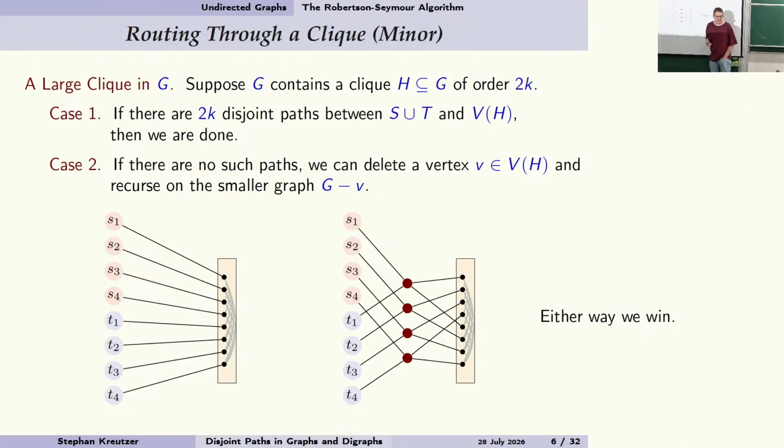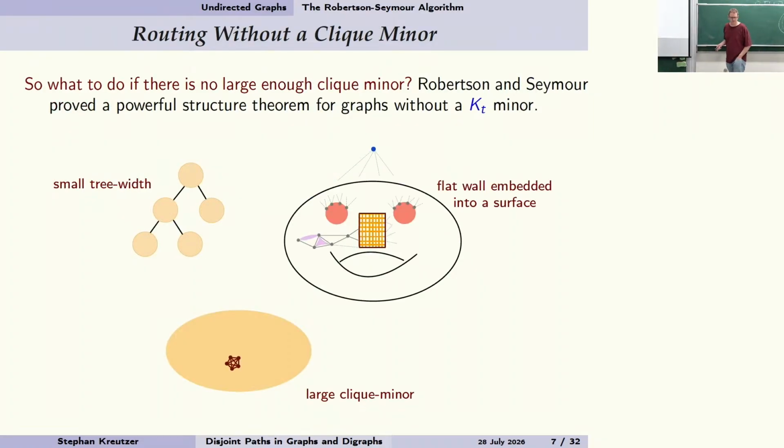So the question is what happens if we don't have them. And this is actually what Robertson and Seymour then spent most of their time proving. So they had a nice and powerful structure theorem for a graph that excludes some fixed size clique as a minor. It's K_t, in our case t would be 2k.